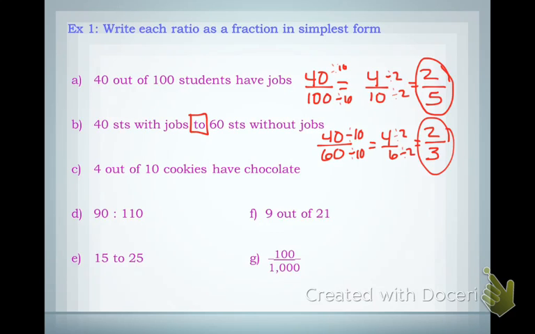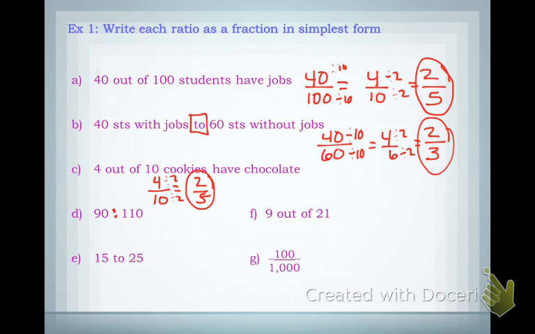This one says 4 out of 10 cookies have chocolate. Well, the fraction would be 4 over 10. And I can reduce. So it would be 2/5. Also, another way to do ratios is with these colons.